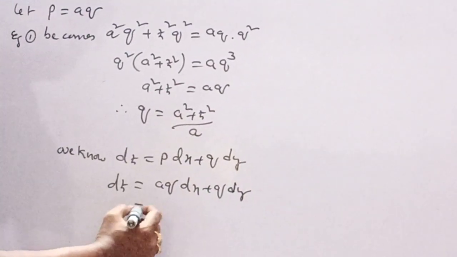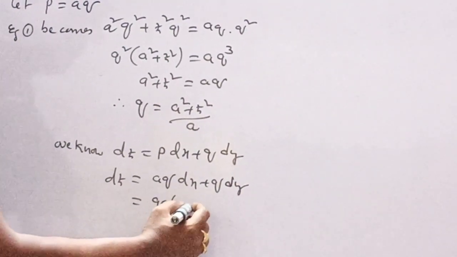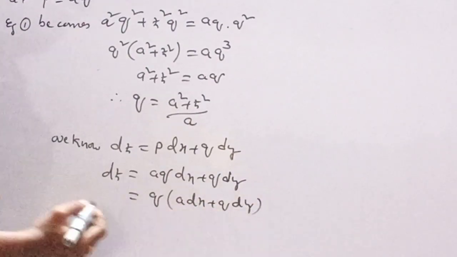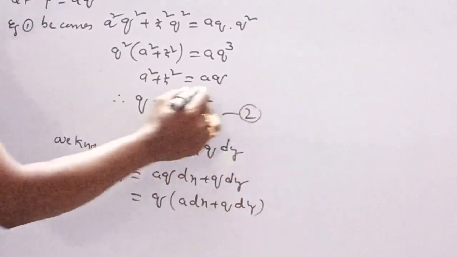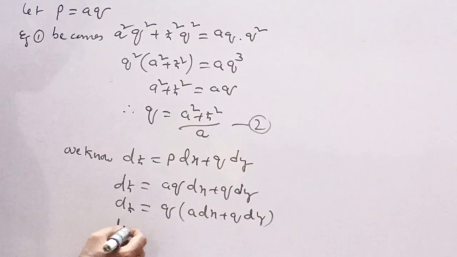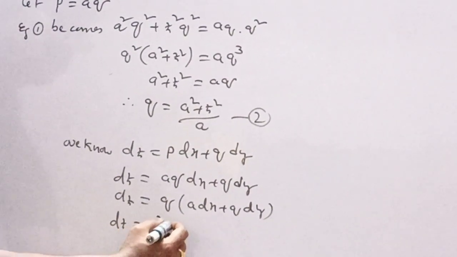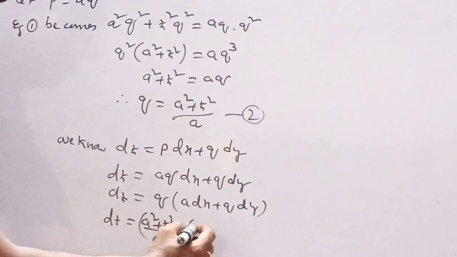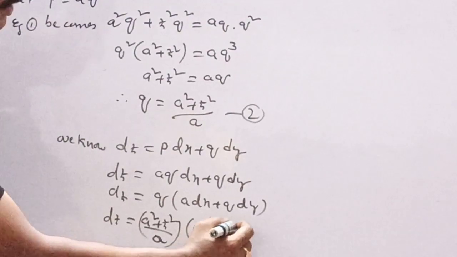So take q as common, a dx plus q dy. But q value is in terms of z function, so this is dz. So dz equal to a square plus z square by a into a dx plus dy.